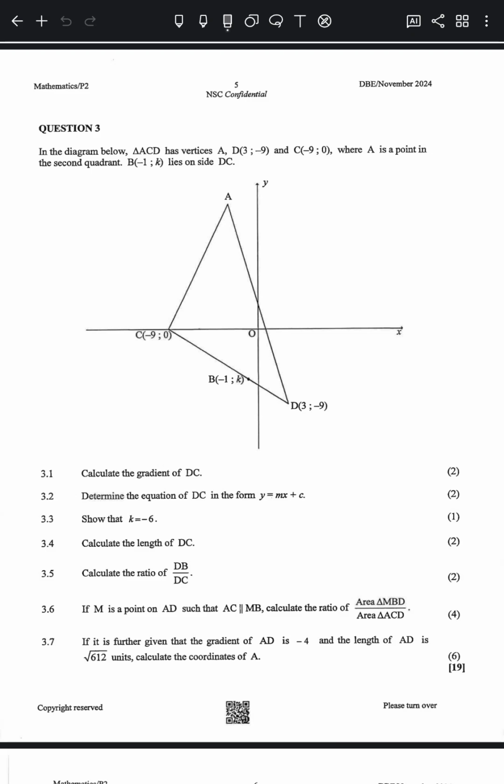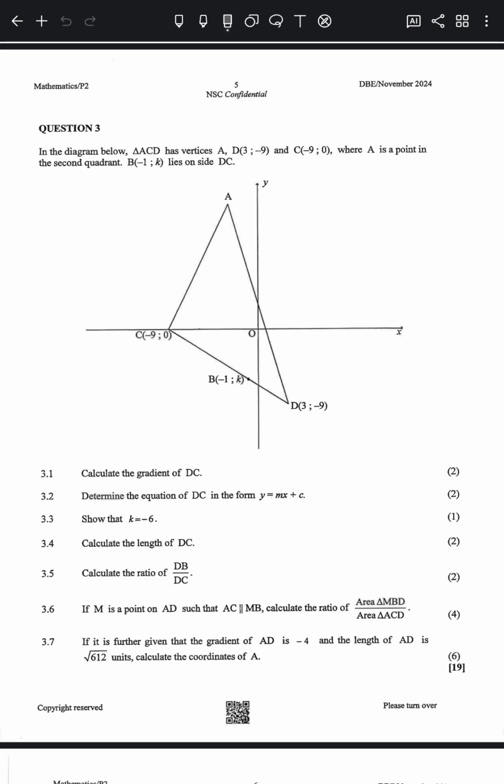But then now the interesting one is 3.7. I gave this to my grade 11s, and then I asked them, what is that 3.7? Automatically, they told me that it has to do with simultaneous equations. So that is why algebra is very, very, very important. So now if you look into that, they say that it is further given that the gradient of AD is equal to -4. So therefore, it means that you're going to use the gradient formula to make equation 1.